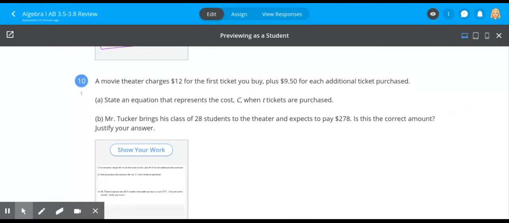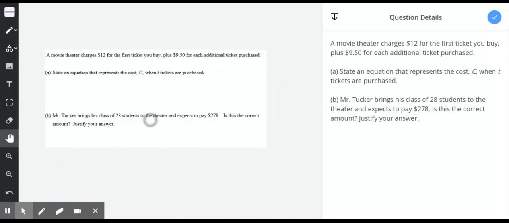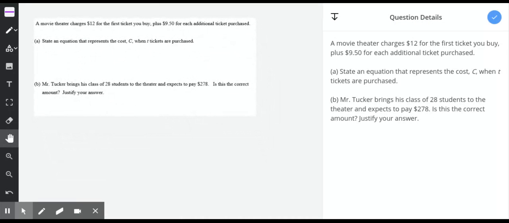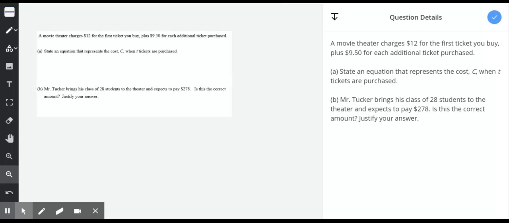Number 10 says a movie theater charges $12 for the first ticket you buy, plus $9.50 for each additional ticket. State an equation that represents the cost when T tickets are purchased.